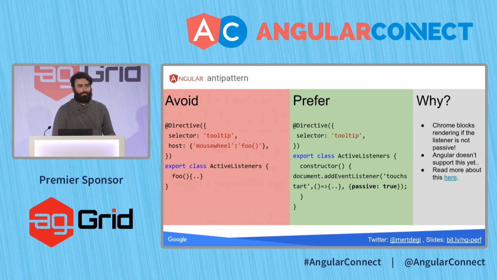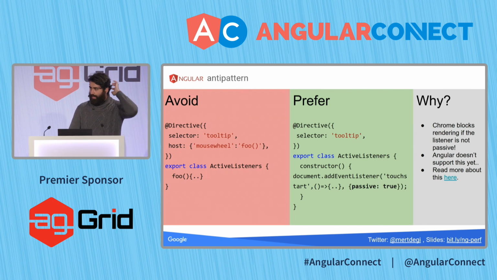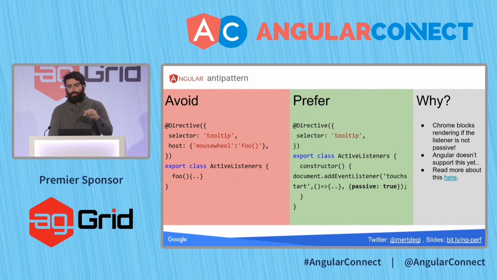For nice scrolling without any scroll jank, use passive event listeners. Passive event listeners are not natively supported in Angular. If you add a mouse wheel listener, like in the left example, it will add an active event listener, which means Chrome is going to wait until that event handler is finished before scrolling.